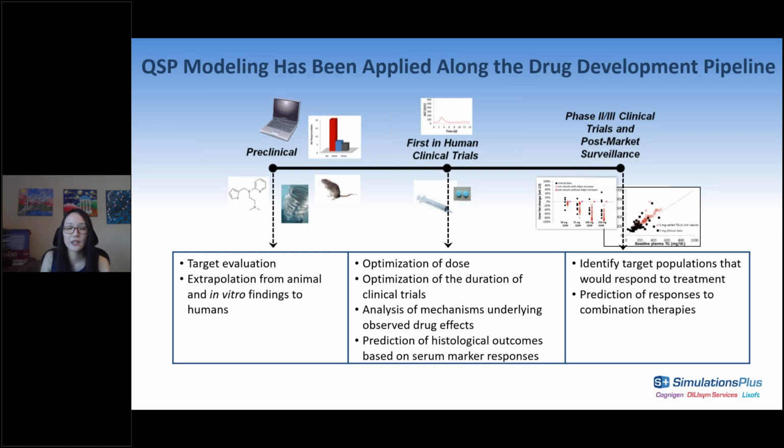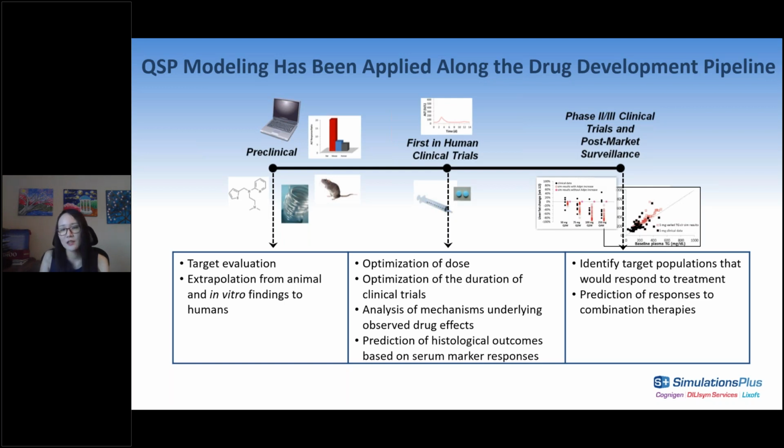In early clinical development, QSP modeling has been used to inform the dosing protocol design, to provide mechanistic insights for some observed drug effects from early clinical trials, and also to predict some long-term histological outcomes based on early serum marker responses.